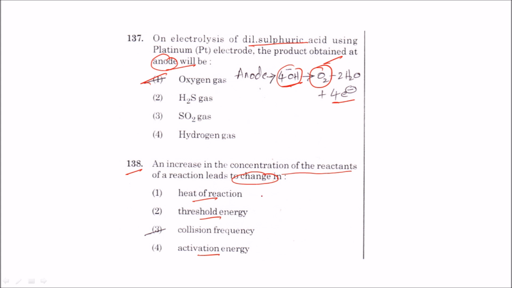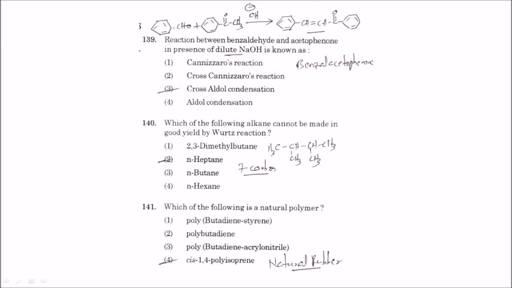So only one here, that's collision frequency, which depends on the concentration of the reactants. As the concentration of reactants increases, collision frequency also increases. So the right option for this is third one, collision frequency. That's 138th question. Let's go to the 139th now.